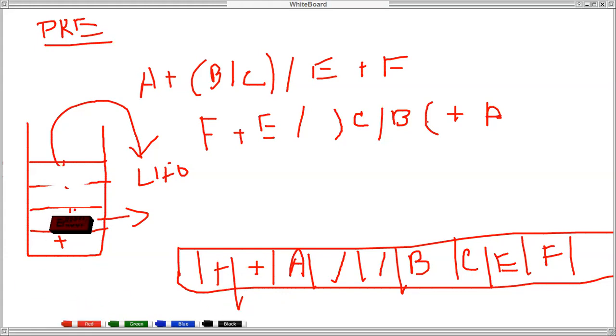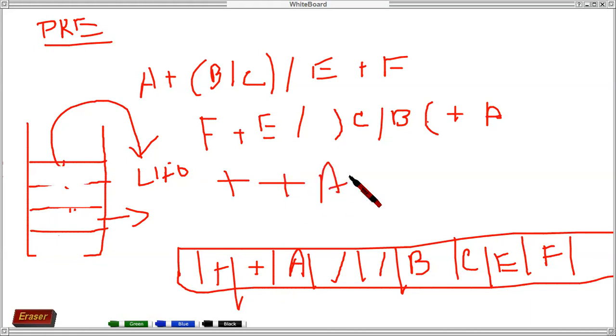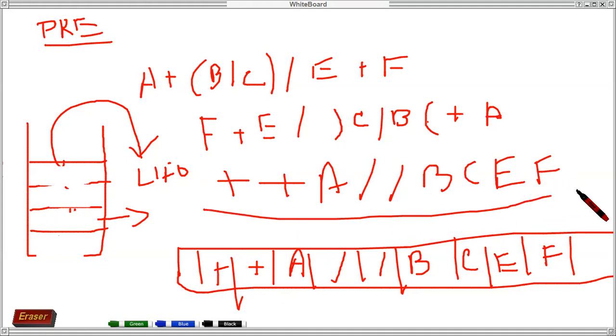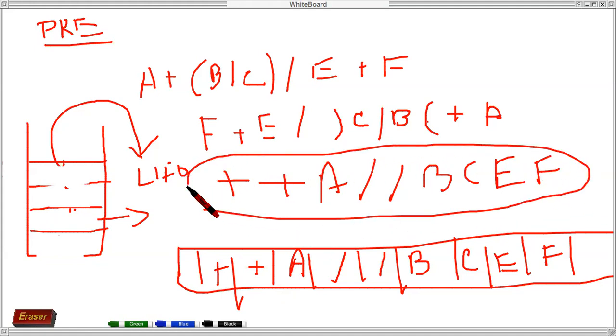That makes my stack completely empty. So this is my prefix expression, that is plus plus A divide B, C, E and F. So this becomes my prefix expression of the following question.